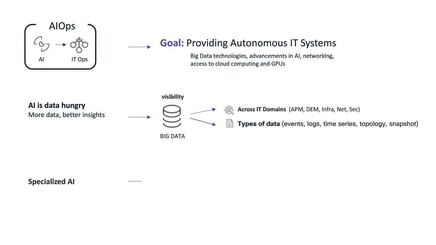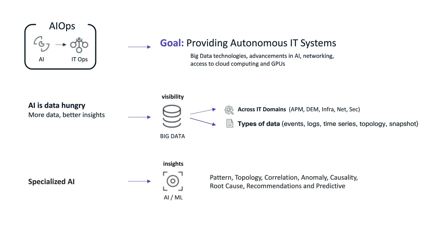Now, AI and ML, specialized for IT ops, is used to gain insight and separate signal from noise. For instance, we now have pattern discovery, topology reconciliation, anomaly detection, recommendations, and predictive analysis as just some of the many different valuable capabilities that AI and ML provide today.